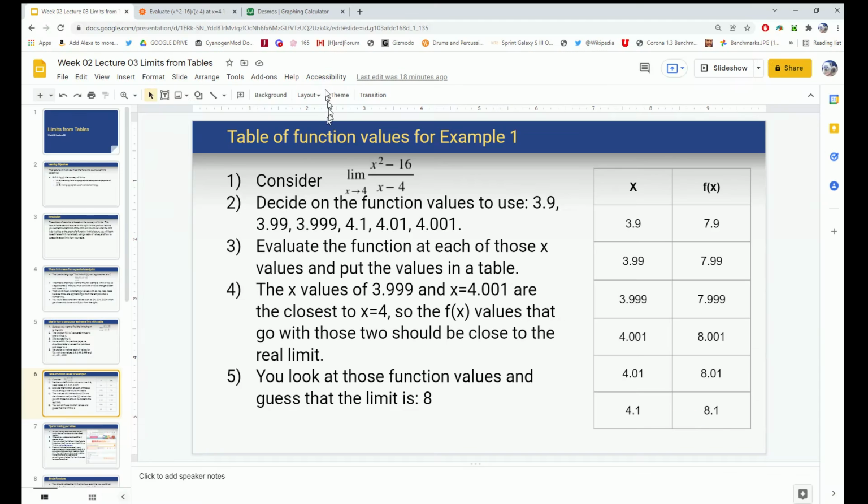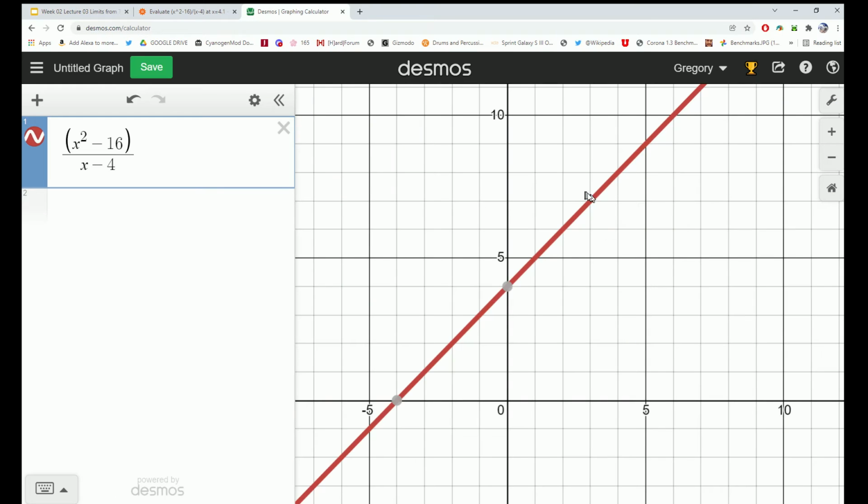Remember when we look at Desmos, it's just a straight line here, but then at 4, the function is undefined. So that's actually a hole in the function. But a lot of functions don't have holes. And if there was no hole here, then it wouldn't say 4 comma undefined. It would say 4 comma 8, because that's where we are on the graph, 4 comma 8.